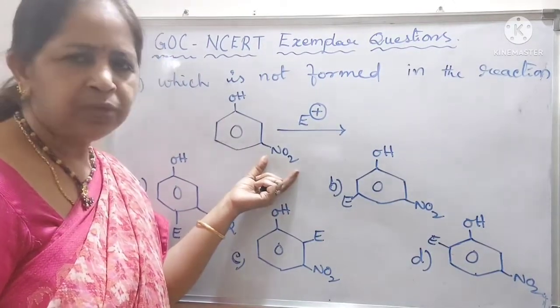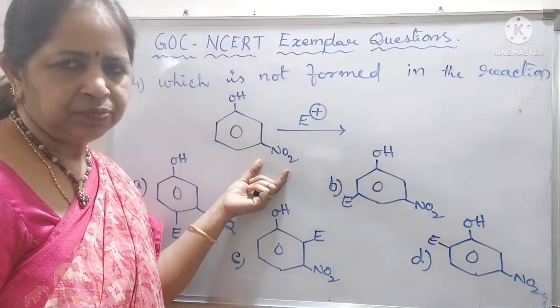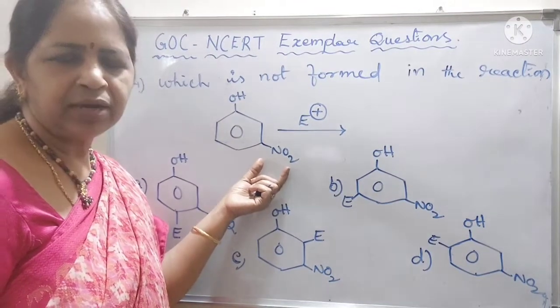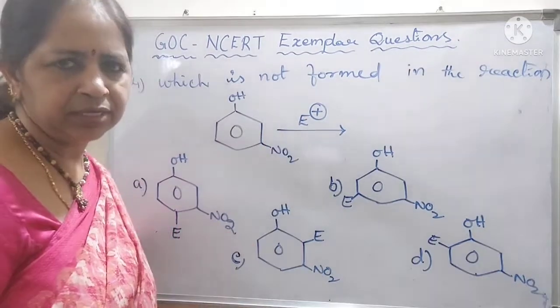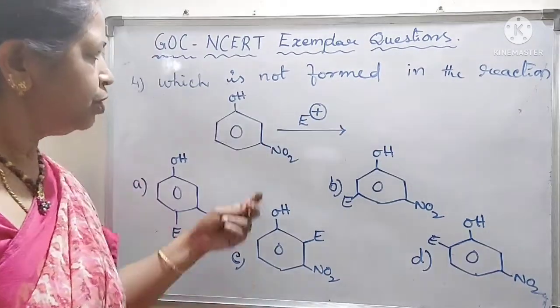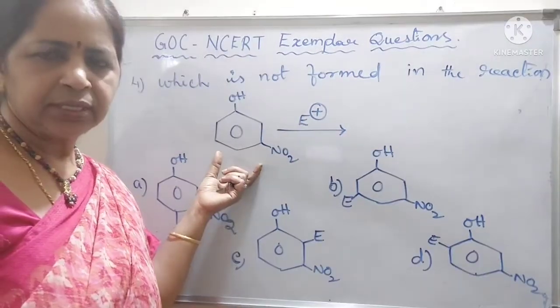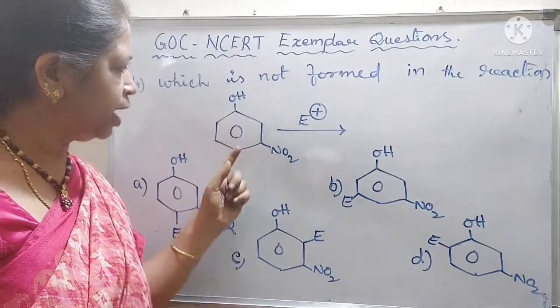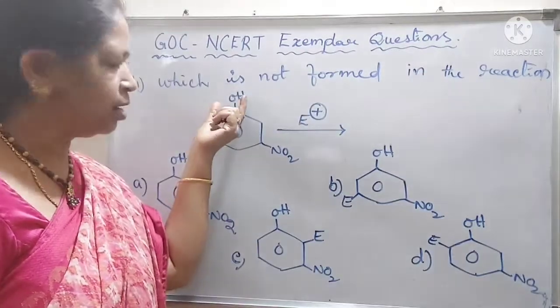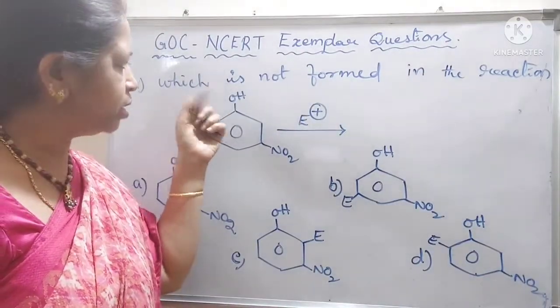So the electron withdrawing group's effect is not observed in this third electrophilic substitution. So we will see the products in which the third electrophile is present either ortho or para to the electron releasing group, that is the hydroxyl group.